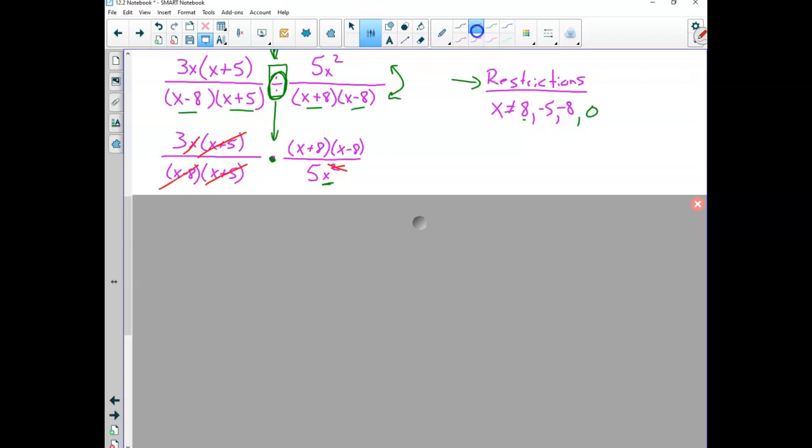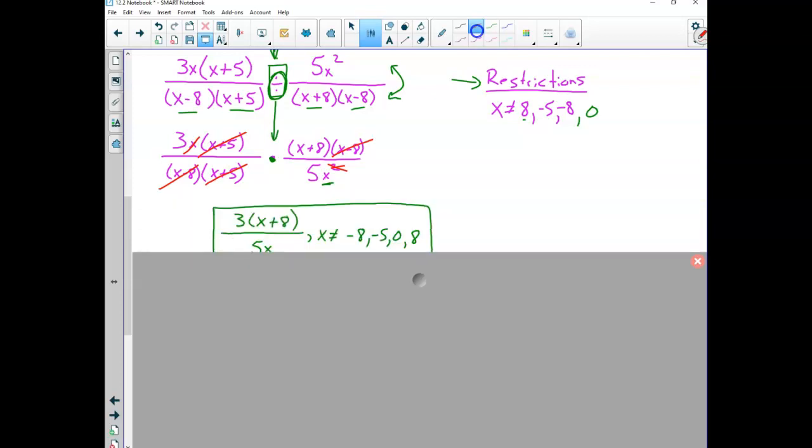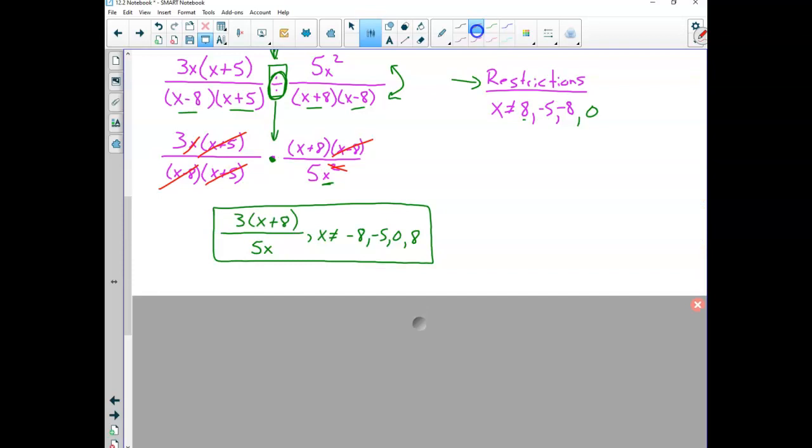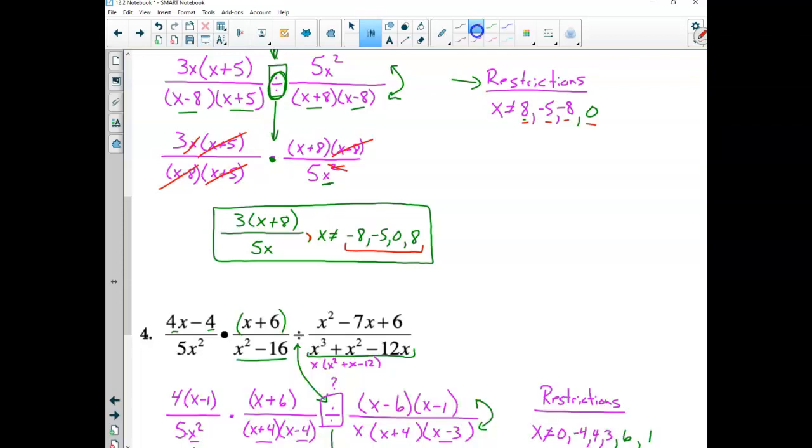This x minus 8 eliminates that x minus 8. And in the top, I can see I have 3 times x plus 8 over 5 times x only. And then I put a comma, list my restrictions of negative 8, negative 5, 0, and 8. And I just put them in a numerical order for you to get number 3 done.